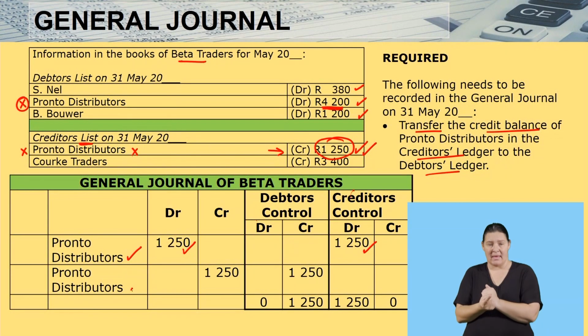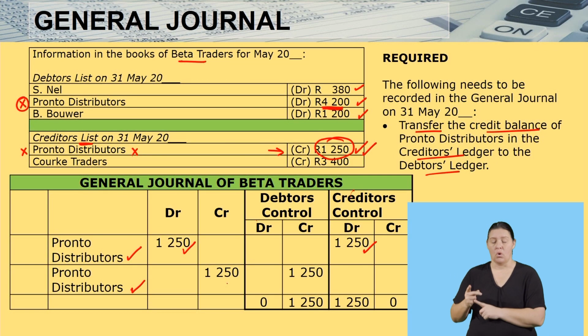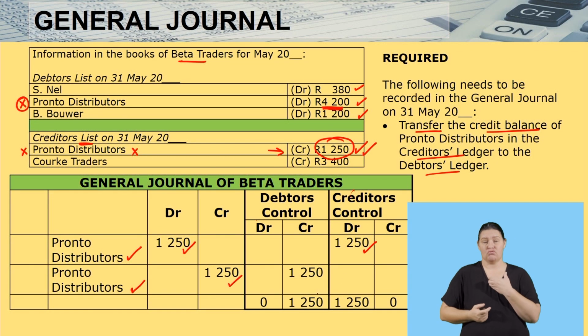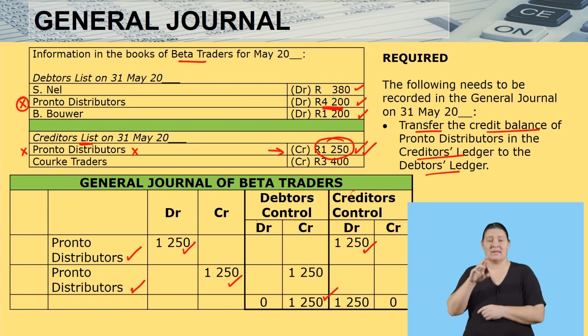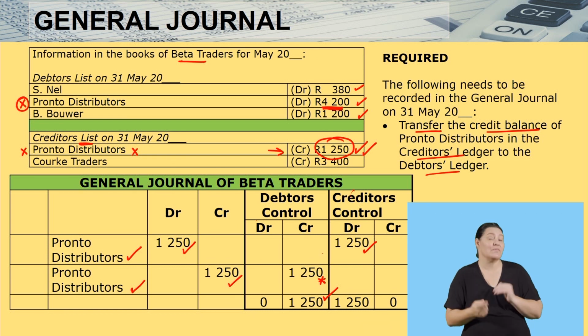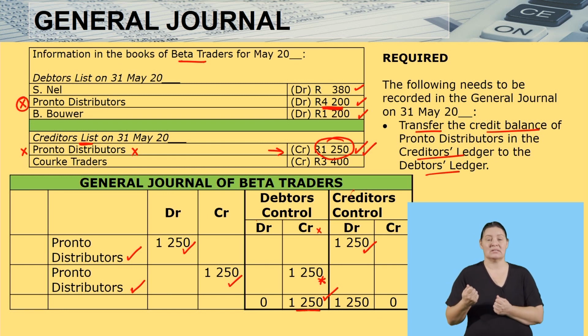So we come again, then we say Pronto Distributors, then we credit. But we are doing this now in the debtors control. And then at the end of the day, you're going to have a credit amount in your debtors control of 1,250, as well as a debit amount in your creditors control of 1,250.